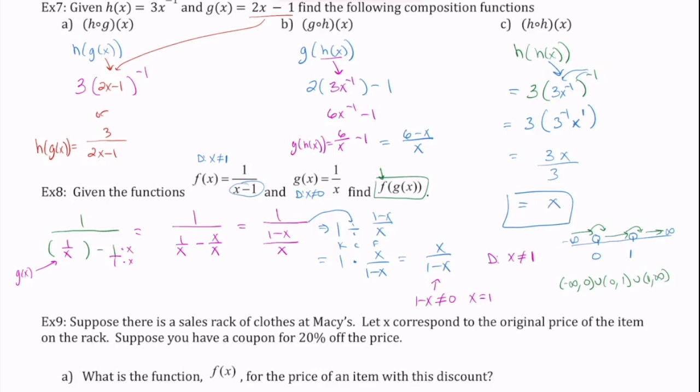And that'll be my domain here. Right, so here's my simplified function. So this is f of g of x, and then with the domain of that right there. All right, cool.